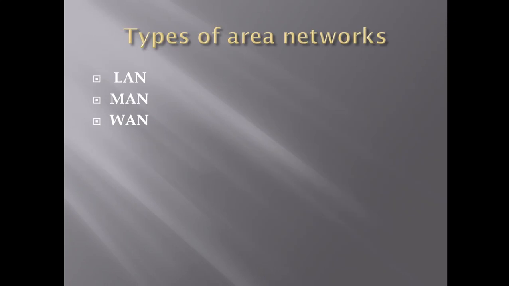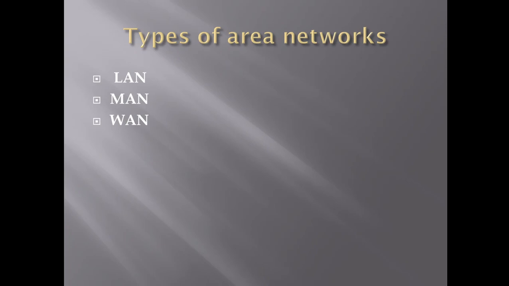Okay, and coming to the next one, types of area networks. How many types of area networks are there? There are majorly 3 types. The first one is the LAN, the second one is the MAN, and the third one is the WAN. Types of area networks allow computers to connect and communicate with different computers via a medium.